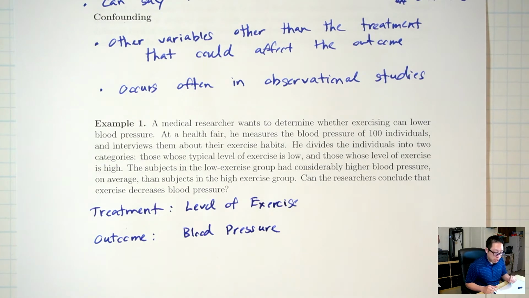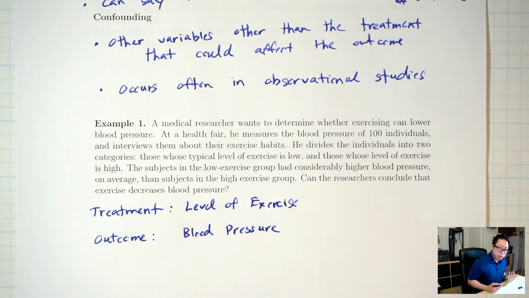So the question you should ask yourself is, did the researchers control who did low exercise and who did high exercise? So did they tell people, okay, you guys do low exercise and you guys do high level of exercise? No, right? So in this case, the people came to the researchers already in either the low exercise group or the high exercise group.